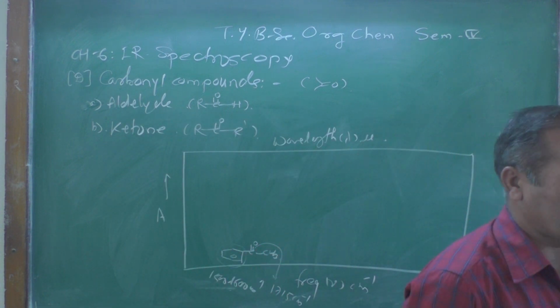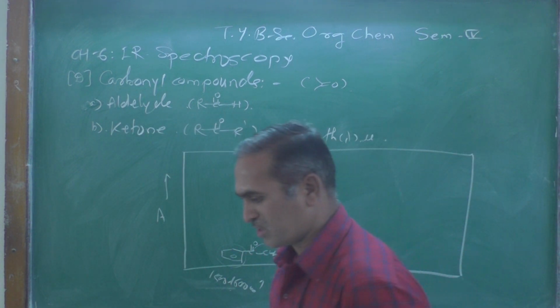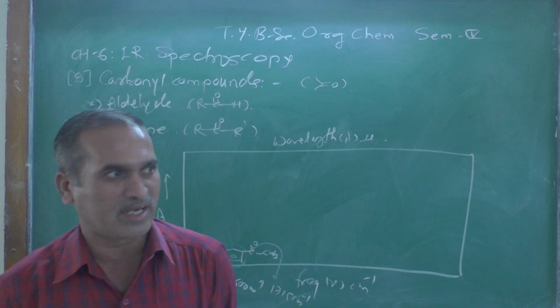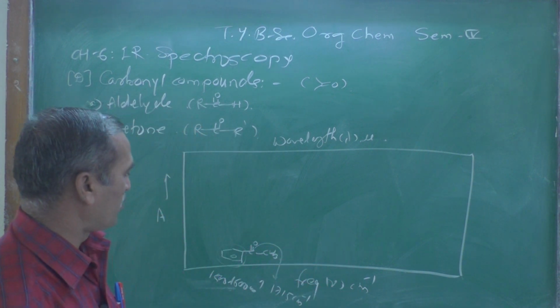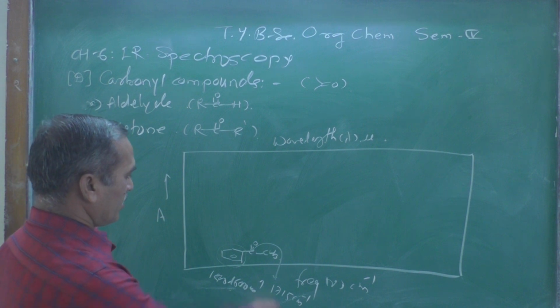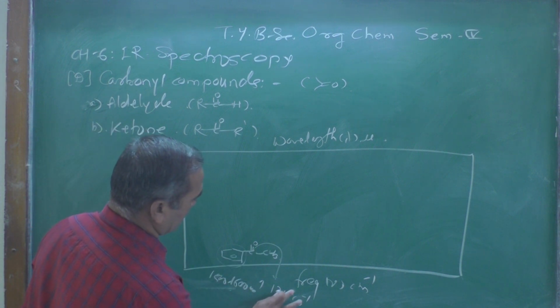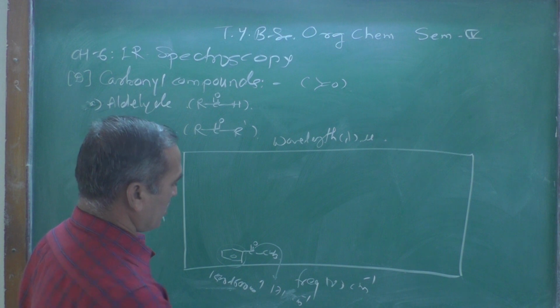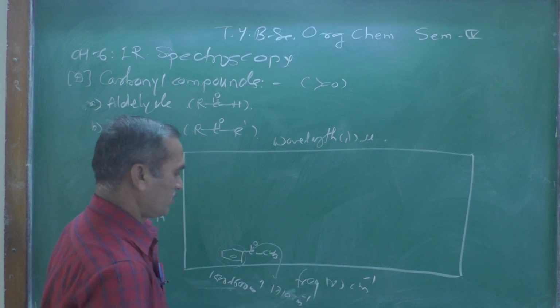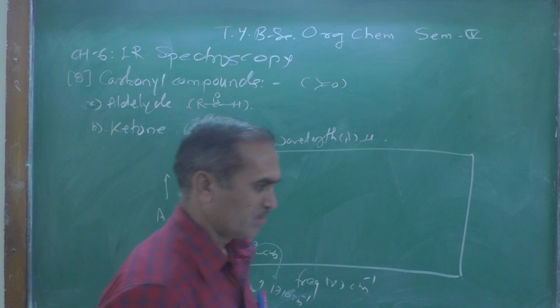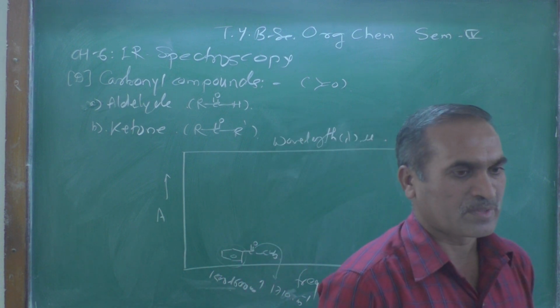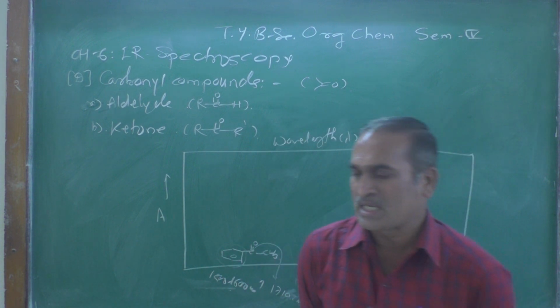Appearance of a peak around 1715 per centimeter clearly indicates the presence of a carbonyl group. But here that carbonyl group is present in conjugation. When conjugation is there, the carbonyl stretching frequency will decrease.